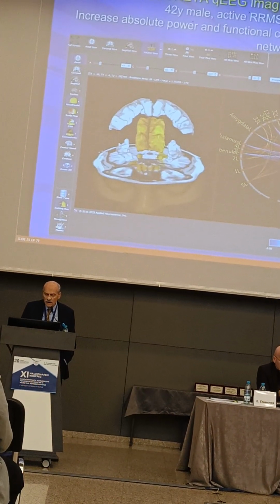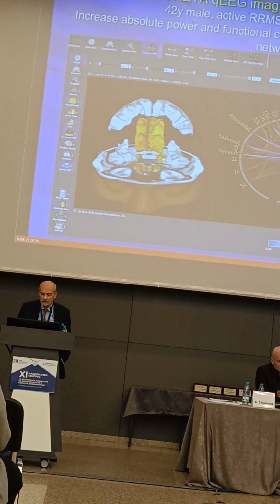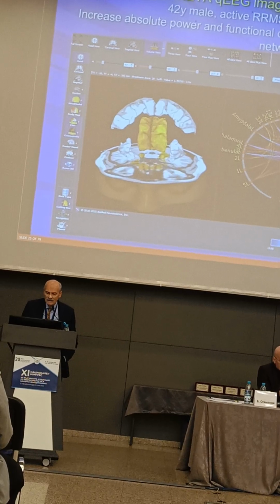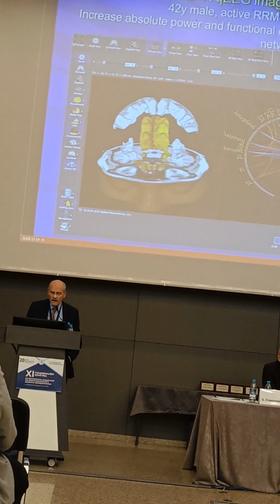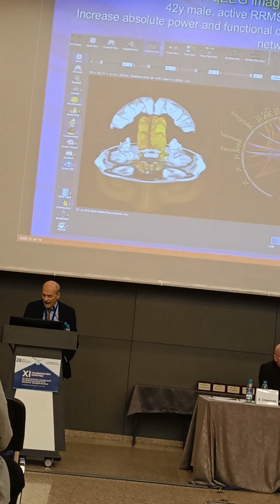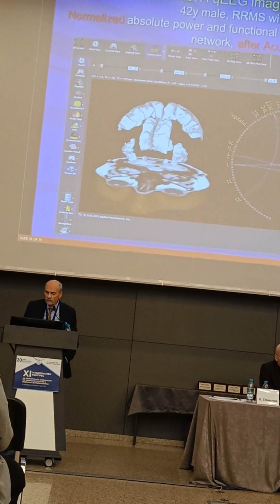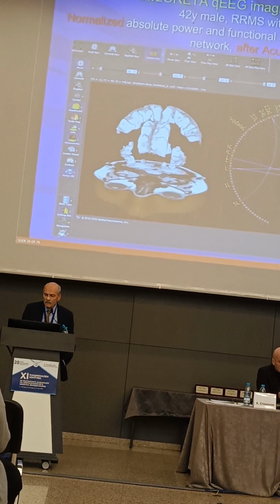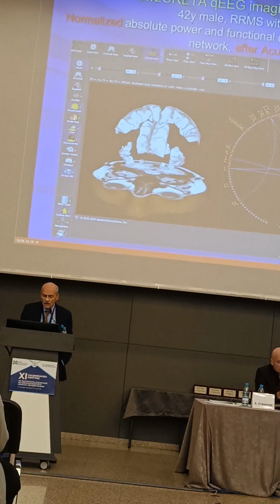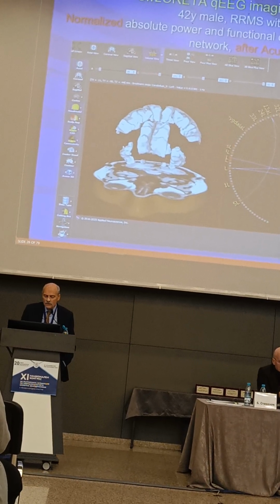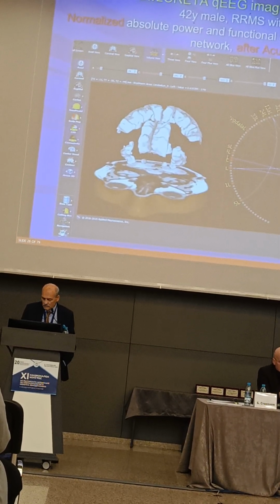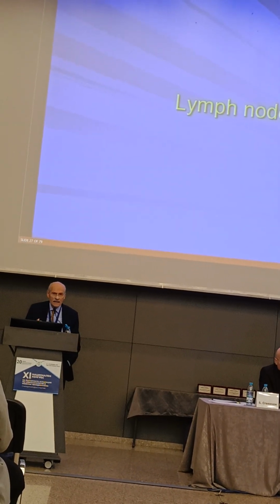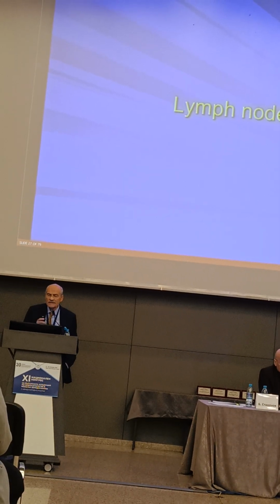Look, in yellow, this is the area of the brain where there is not correct functional connectivity. After only one treatment, with MAM and ACOMAM, look, the color changes completely, it is normal. It's white or green.